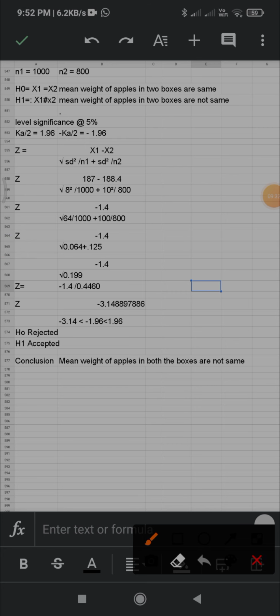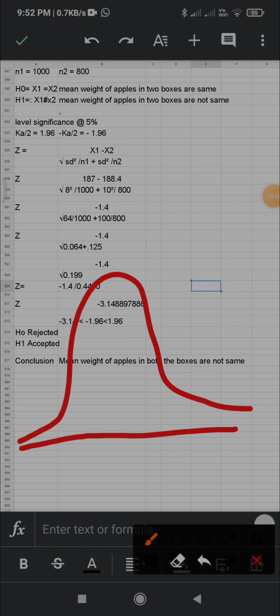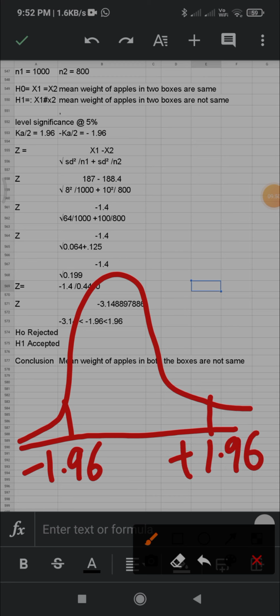I'll just show you how it is done. This is minus 1.96 and plus 1.96, and this is minus 3.14.